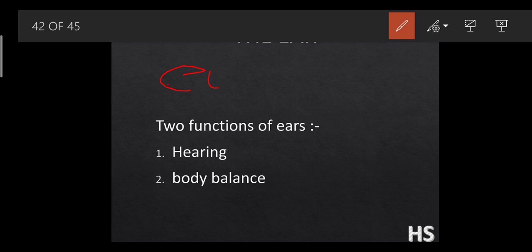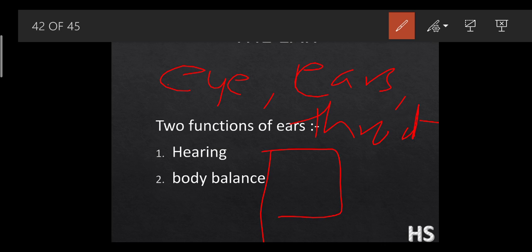The ear and the throat meet at a particular point, which is called the Eustachian tube. The function of this Eustachian tube is to help equalize the air pressure on either side of the eardrums.